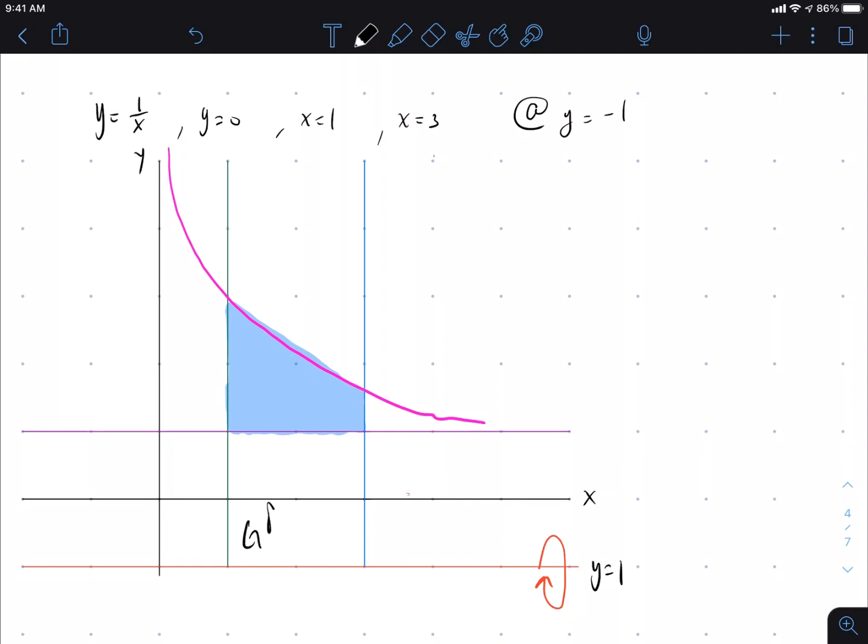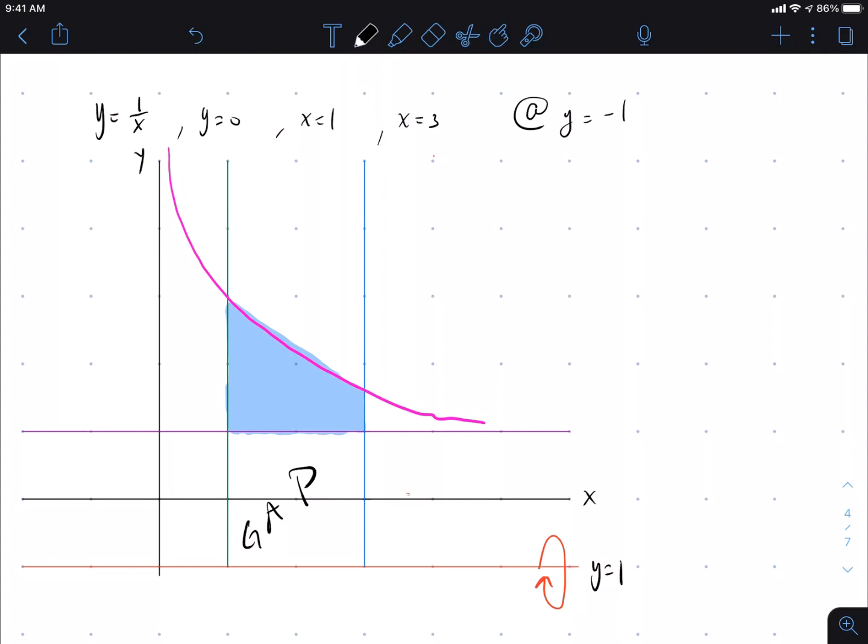This is called a gap. Right? Because the blue isn't shaded all the way to the red line, is it? So that means there's a gap. So because of that, doesn't that tell me that we have a washer?